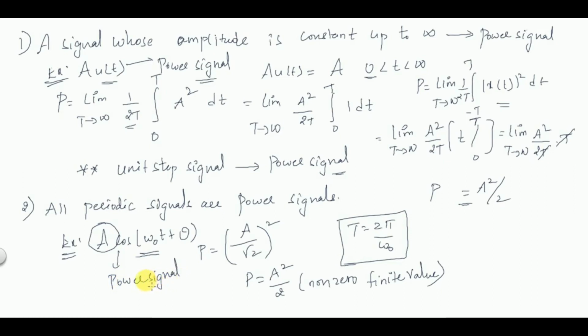I'm just telling you the classifications of energy and power signals. All these concepts you know, but the classification is the only new thing. So all periodic signals are power signals.